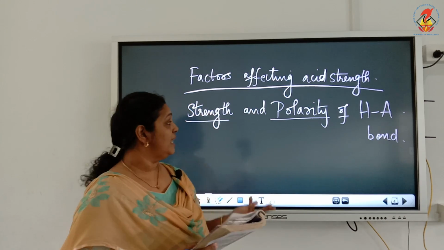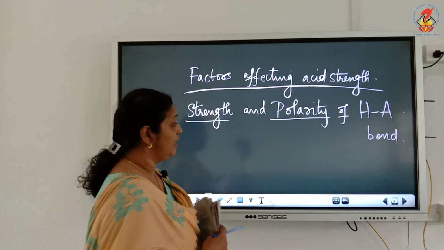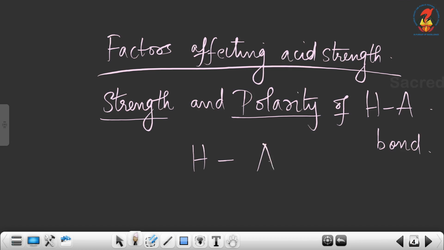Now, about the strength of the HA bond. When the HA bond strength is less, it's very easy to break the bond, which means that hydrogen can be easily removed as H plus ion, and the acid will be stronger.